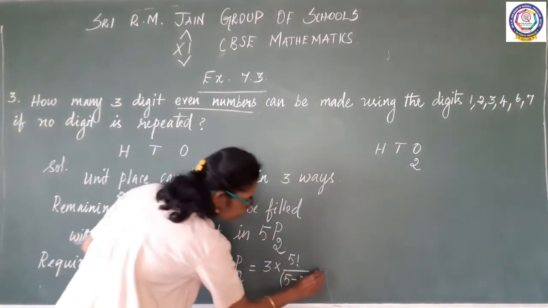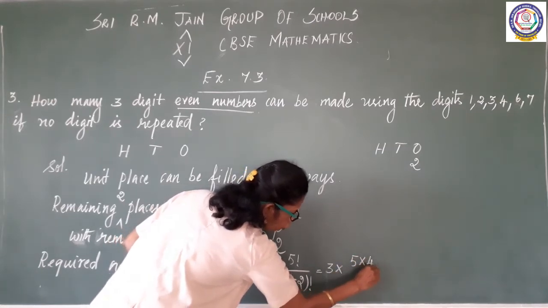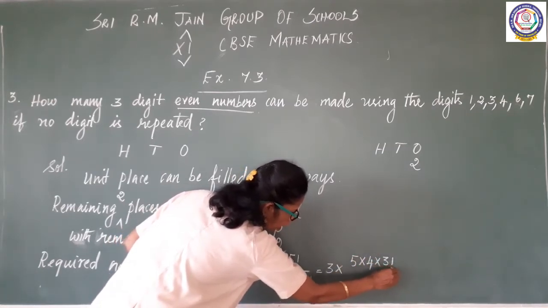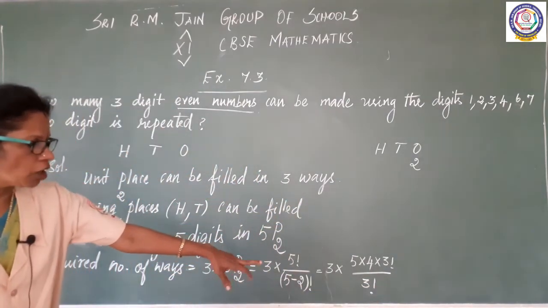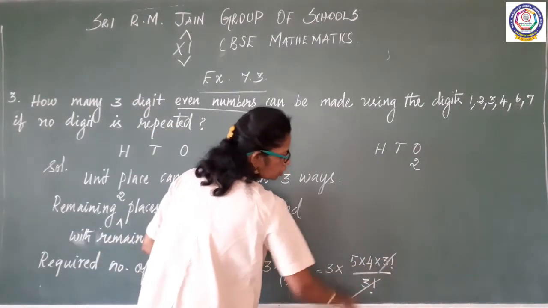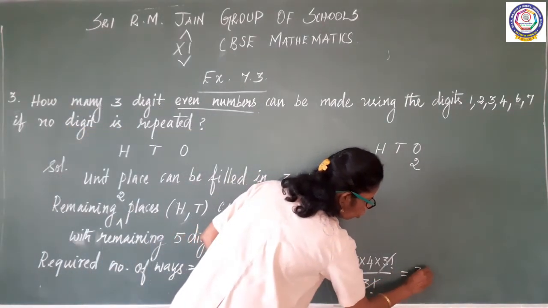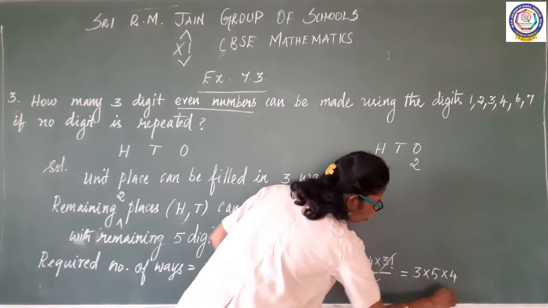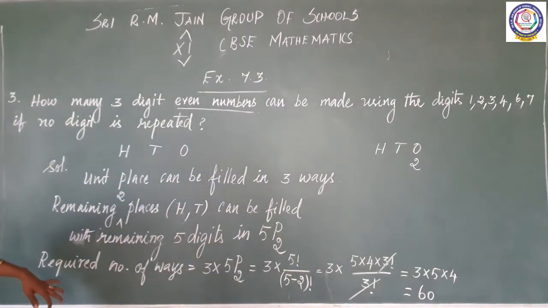Then how to write this? 3 into 5 into 4 into 3 factorial divided by 3 factorial. Based on the denominator, I expanded the numerator. Right? 3 factorial, cancel. Then what should be the rest? 3 into 5 into 4, which is equal to 60. How many numbers can you get? 60 numbers.